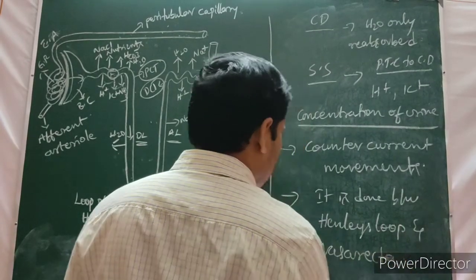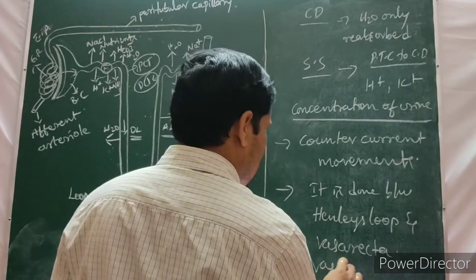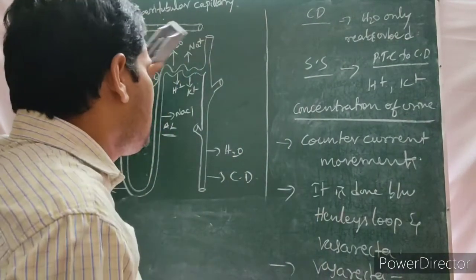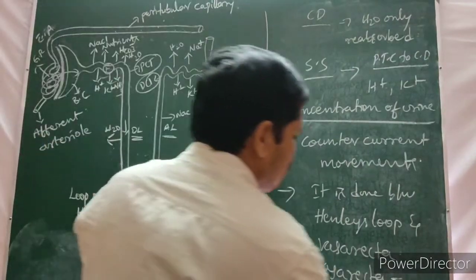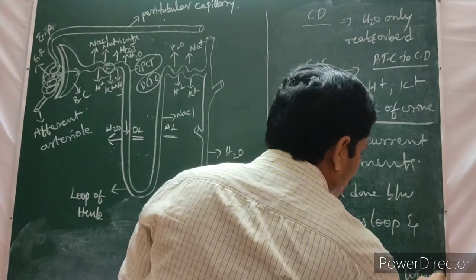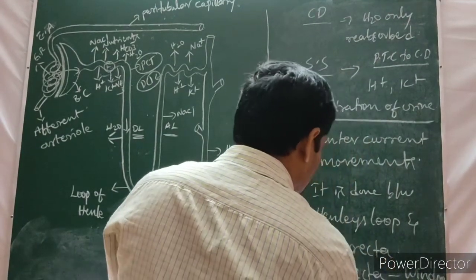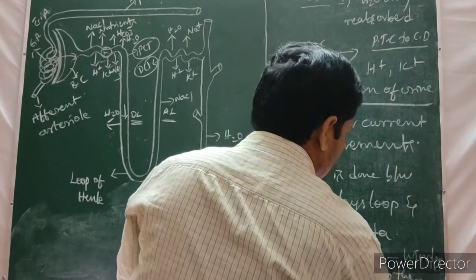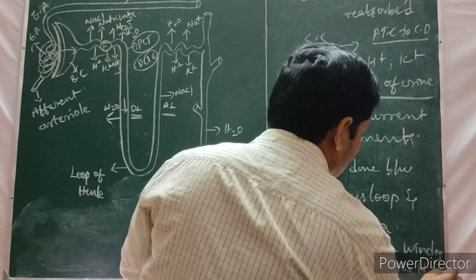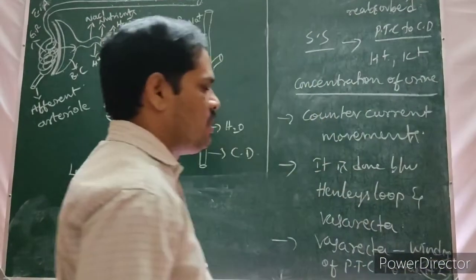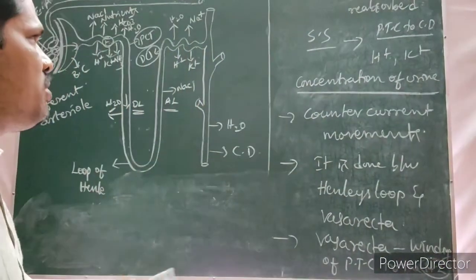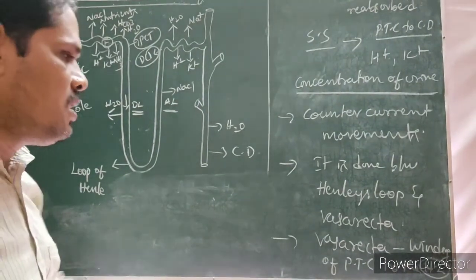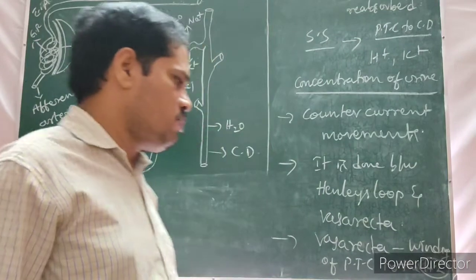What is the vasa recta? Vasa recta means winding of the peritubular capillary around the renal tubule. The entire renal tubule is actually wound, but here we consider it winding Henle's loop.